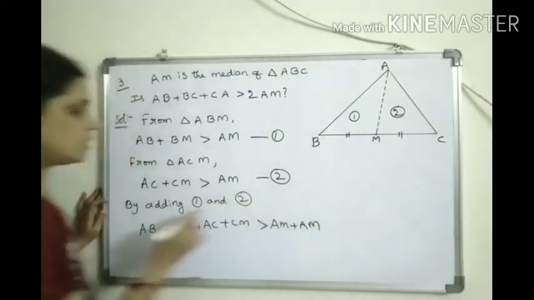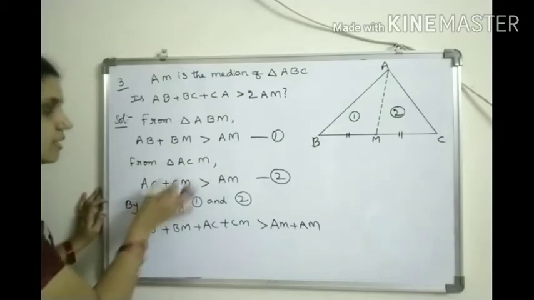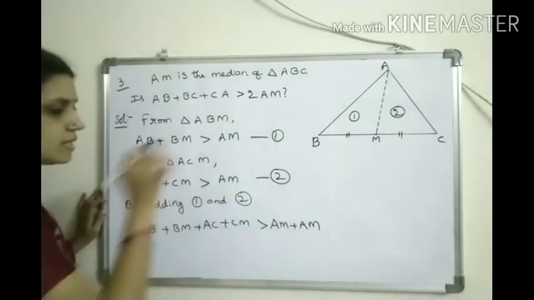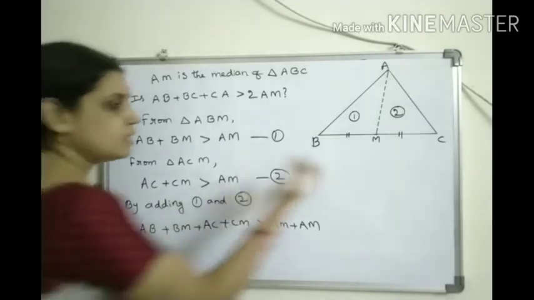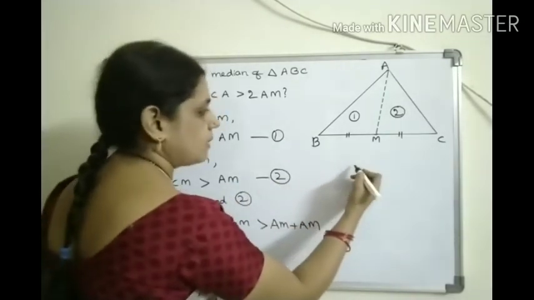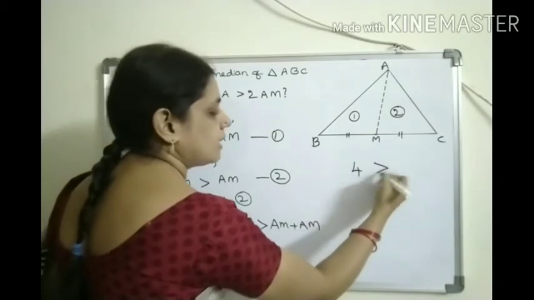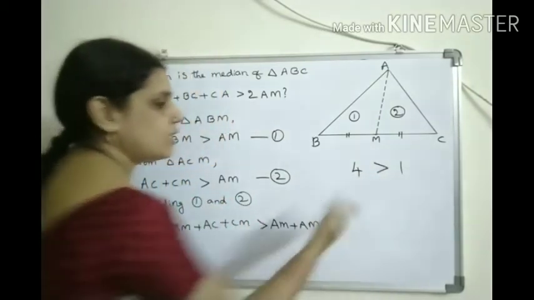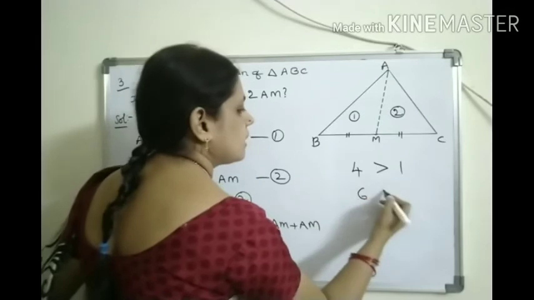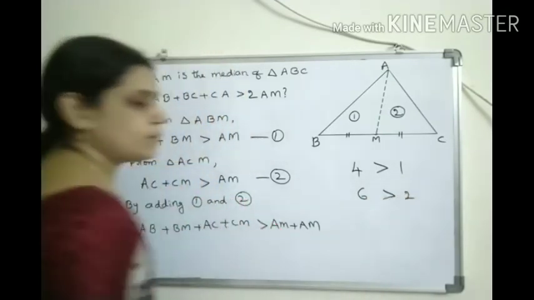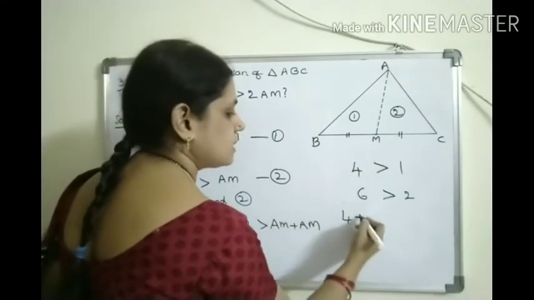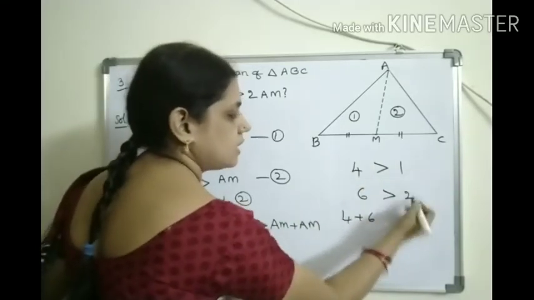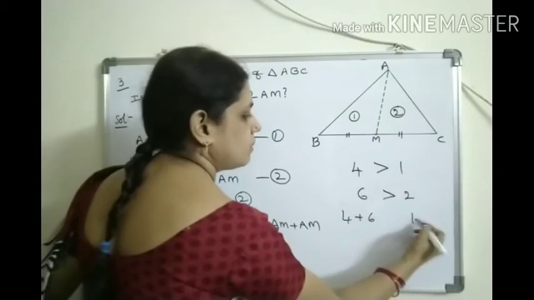Children, once you observe here, LHS plus LHS greater than RHS plus RHS. One example I will give, how it is possible, how can we write like that. So if you take the simple example like 4 greater than 1. Okay. Next 6 greater than 2. Just two simple examples I have taken. So by adding LHS and LHS, 4 plus 6, next RHS and RHS, 1 plus 2.